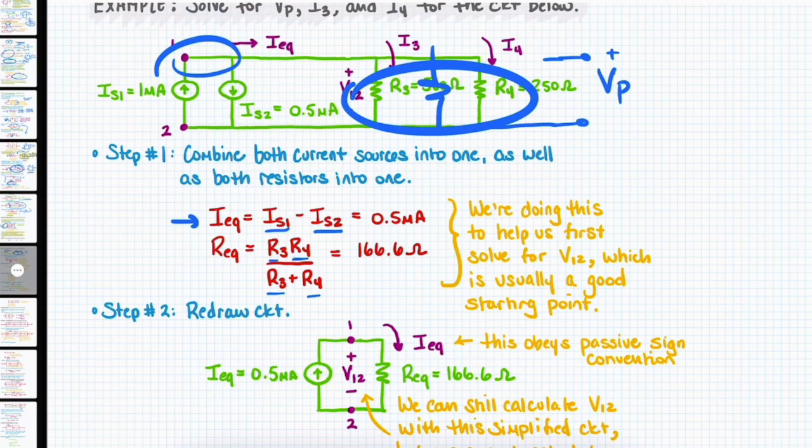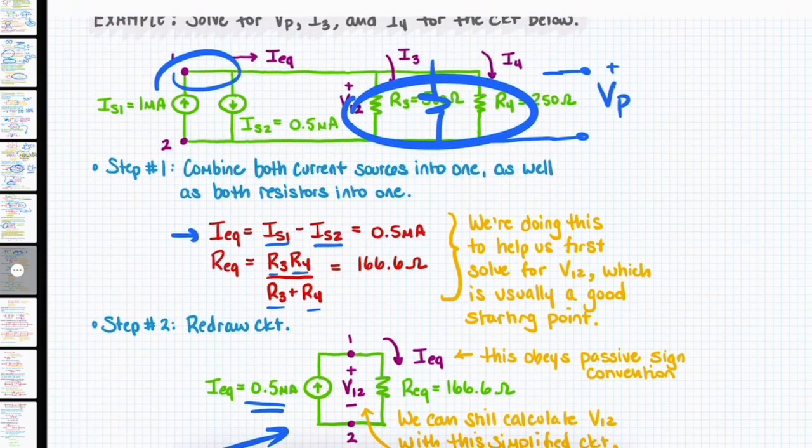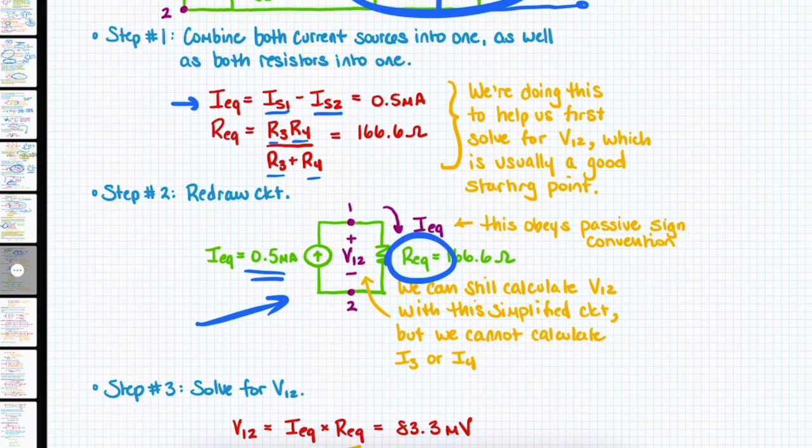So we have an equivalent circuit that looks like this right here. We have a 0.5 milliamp source flowing upward or to the right, again, as exemplified by IEQ. And that's flowing across a resistance which has an equivalent value of 166.6 ohms.